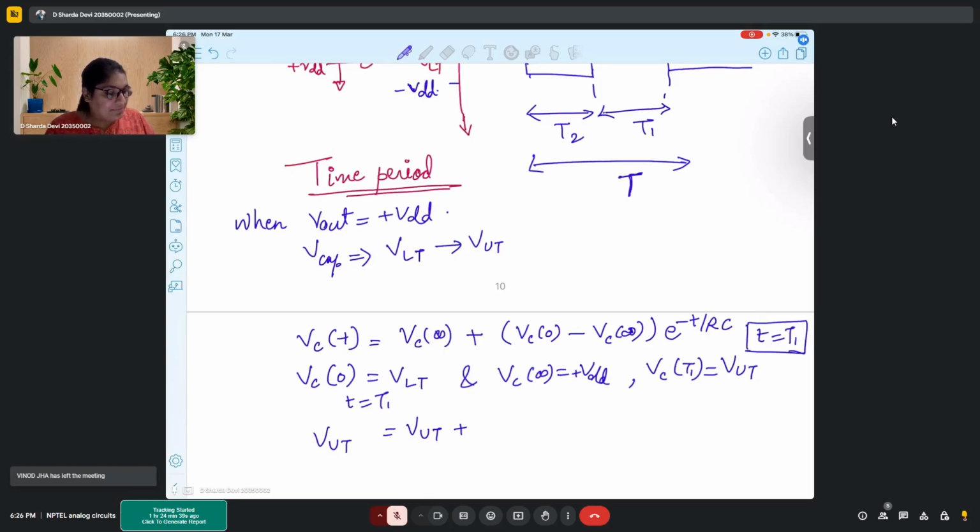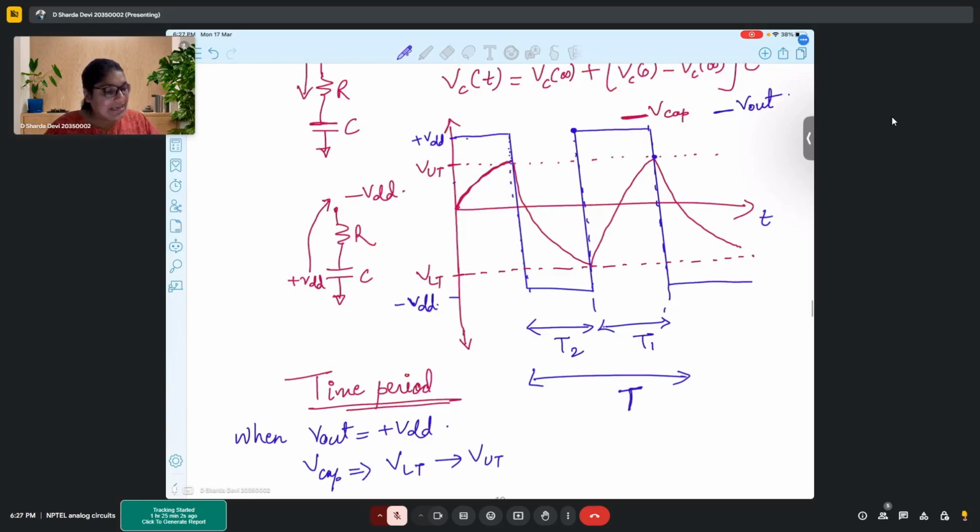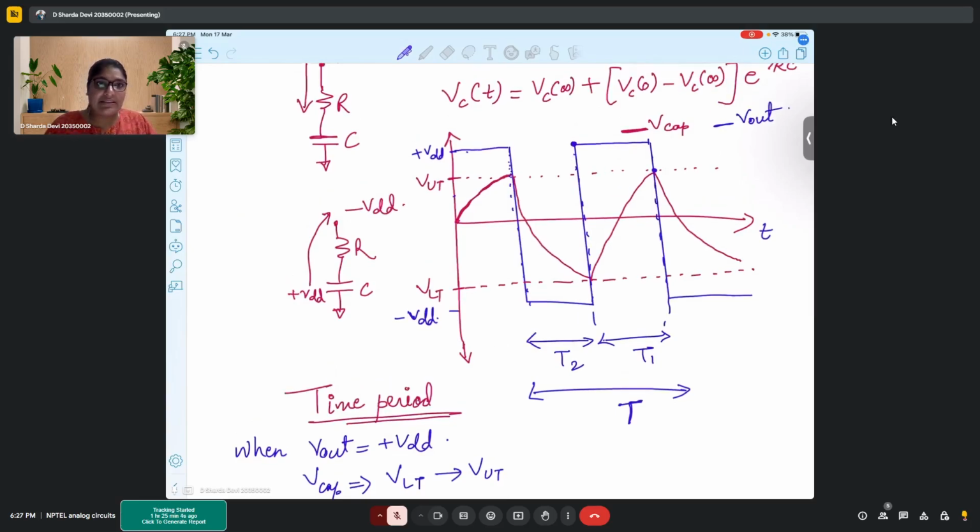So here VC infinity is nothing but plus VDD, or I can say plus VSAT, right? So VC0 is VLT. So the thing is, capacitor is charging from VLT at infinite time if there is no disruption, because what has happened is here, because of flipping, the capacitor starts to discharge, right?